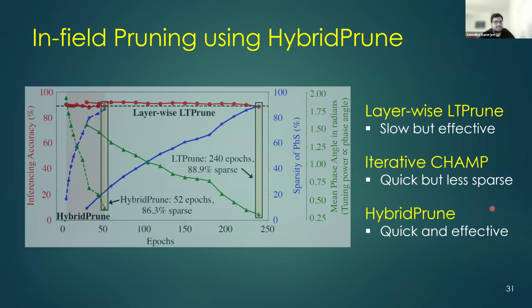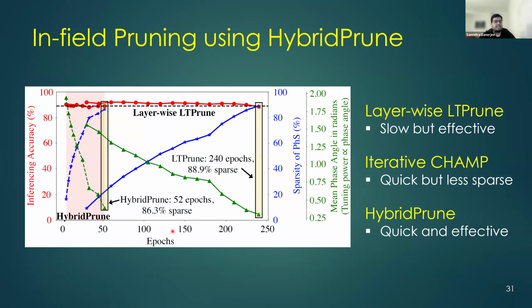As a result, with hybrid prune, with only around 52 fine-tuning epochs, we can get close to 86% sparsity. Compared to that, if we had just used lottery ticket hypothesis-based pruning, we would need almost 5x of those epochs to get similar levels of sparsity.